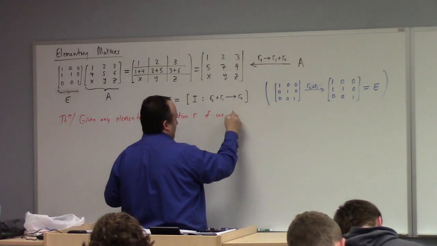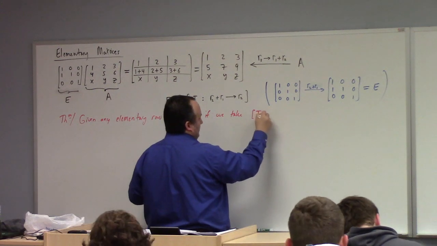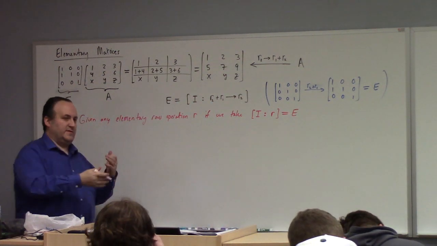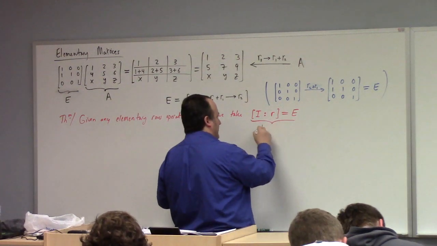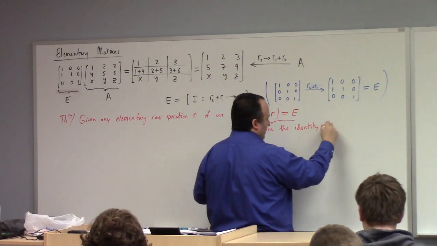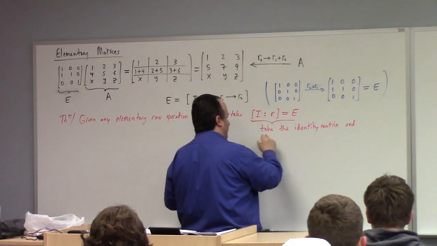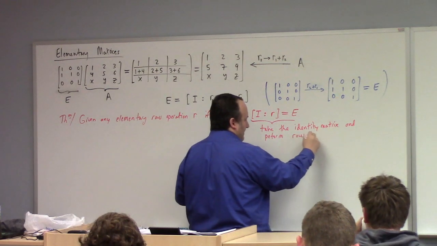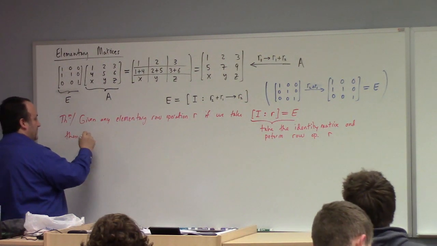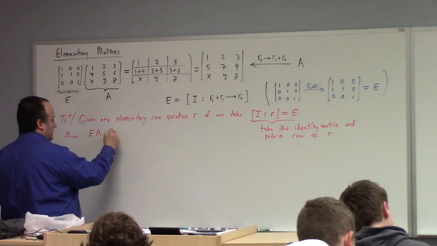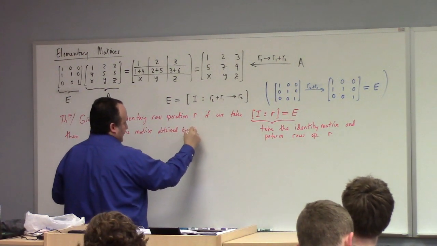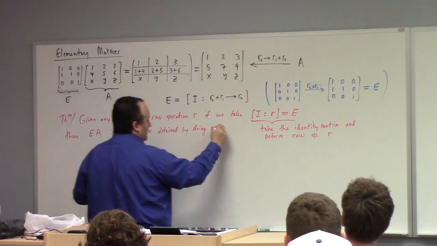If we take the identity matrix and do R to it, in other words, take the identity matrix and perform row operation R, then EA is the matrix obtained by doing R to A.